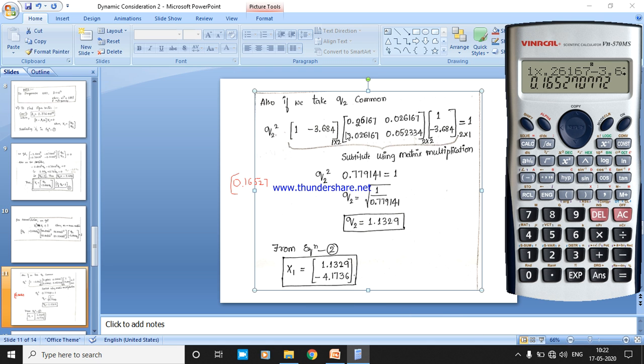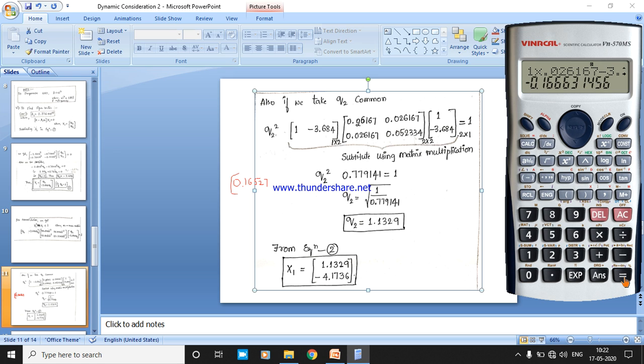This with this. 1 into this value, 0.026167, into minus 3.684 into this value, 0.052334. So how much did I get?